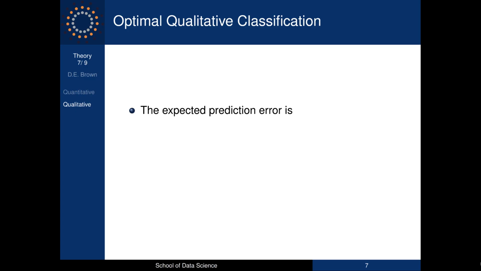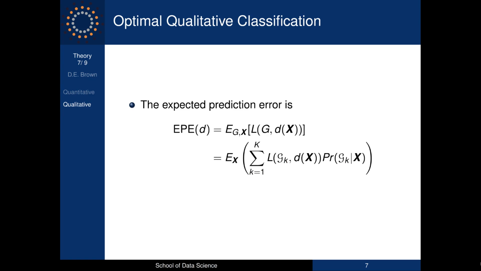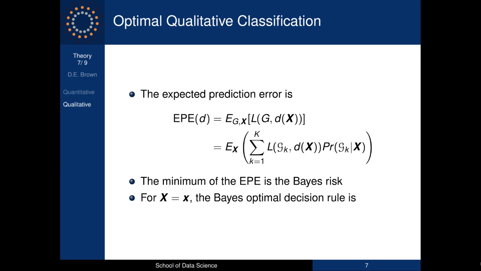Okay, the expected prediction error, given that, we can write as the expectation of this loss, just as we had in the continuous case. And the expectation, again, is over the joint distribution, in this case, the joint distribution of G and X. But since it's a discrete case, we have a summation to describe it. In particular, we can condition on the value of X in order to find this expected loss.